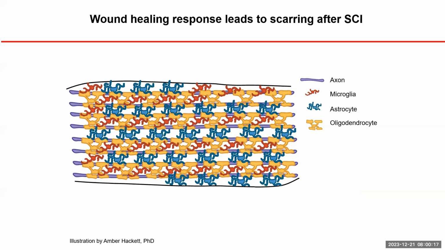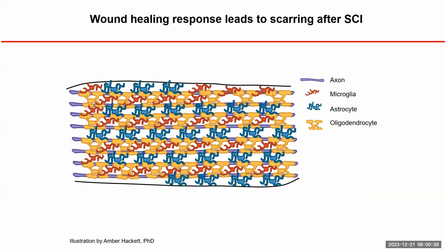Okay, so this is just a diagram of a sagittal section of a spinal cord, just to describe the biology that we study in the lab. My lab is interested in studying the wound healing process, to be more specific, the immune and glial response to spinal cord injury.